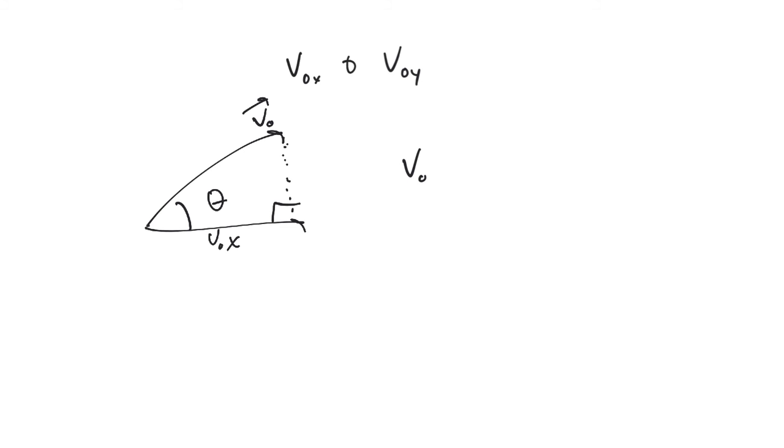So the trig there, since this is the adjacent and this is the hypotenuse, is going to be cosine of theta. So cosine of theta equals adjacent over hypotenuse. The adjacent is the velocity naught in the x direction, and the hypotenuse is just velocity naught.